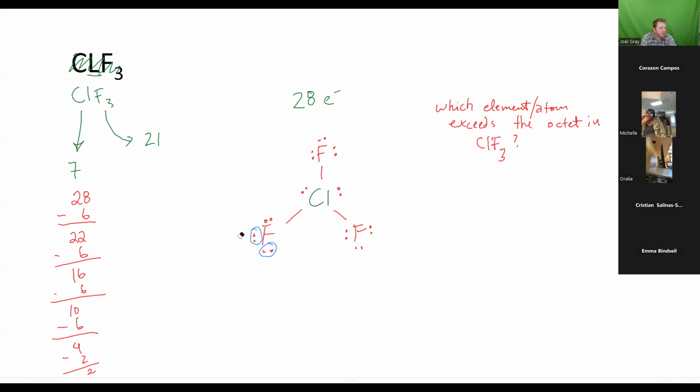Chlorine, on the other hand, has these 2 electrons, these other 2 electrons, and then it's sharing these.